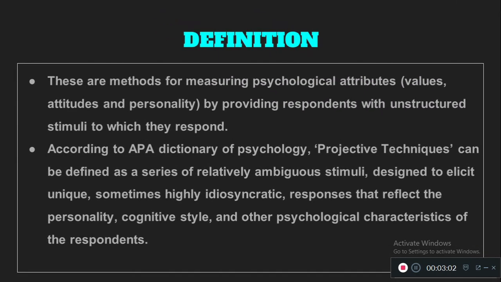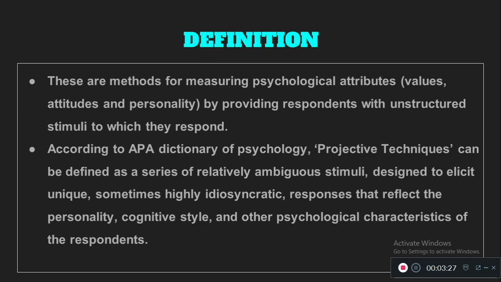Now, the definition. Two definitions are there. According to me, the second definition is very easy and very meaningful. According to the APA Dictionary of Psychology, projective techniques can be defined as a series of relatively ambiguous stimuli. So, one stimulus will have many meanings.